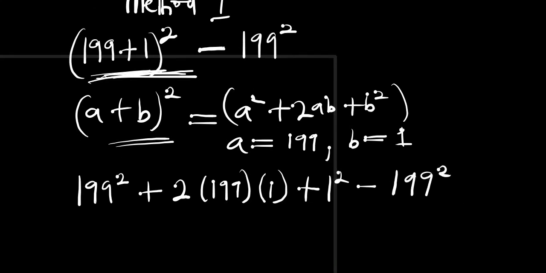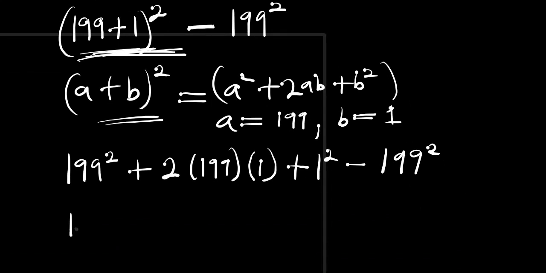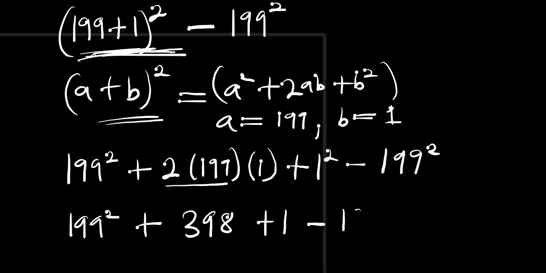So let's proceed. This will give us 199 squared plus, if you multiply 2 times 199 times 1, we are simply going to have 398. Then we have plus 1 minus 199 squared. So this will cancel this because 199 squared will minus 199 squared.